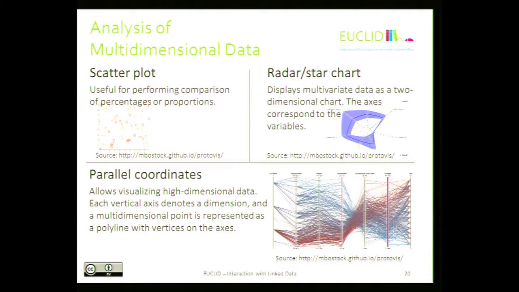So representing the three possible dimensions of a data point two-dimensionally. If the data that you want to visualize is higher dimensional, there are also further options available, like for example, the radar chart, where your different dimensions correspond to axes in this chart here.